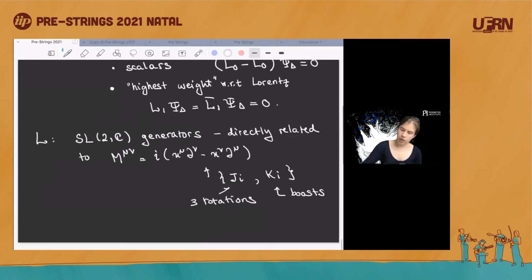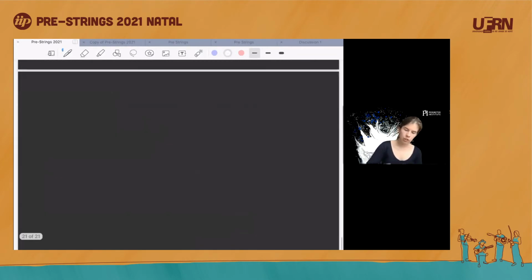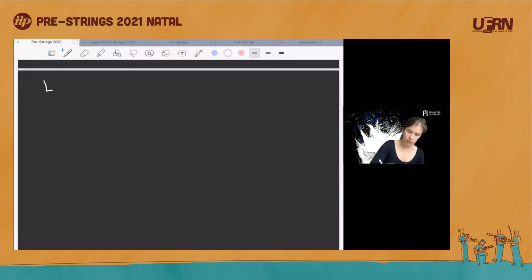Okay. And there is an explicit relation between, so you might have seen this before, but let me just write it down. So one thing one could do is to define L0 as being the sum of the rotation generator around the x3 axis plus the boost along the 3 axis.